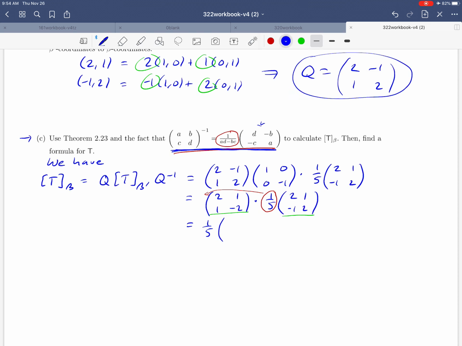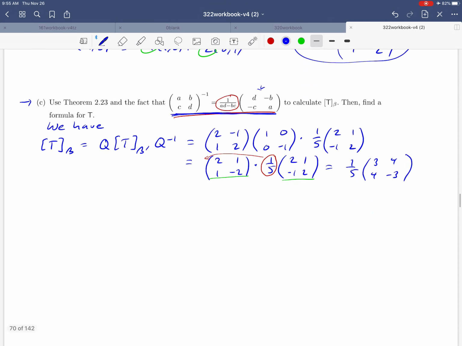If you multiply those 2 by 2 matrices together, here's what you should get: 3, 4, 4, -3. Just to save a little space, let's move that up to the line above it. So we're going to get 1/5 times 3, 4, 4, -3. There's the matrix of T relative to the standard basis.